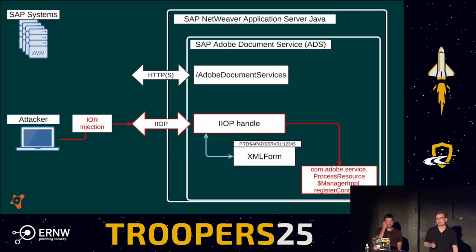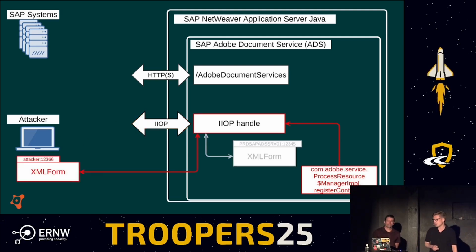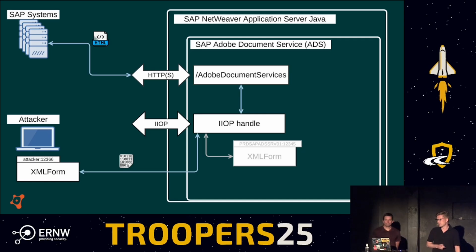So our idea was maybe we can just simply do the same on our own and provide an IOR saying that the XML form on the ORB is actually hosted on our server. In that manner, we can hijack the entire inter-process communication and get access to all of the application data entered by the users that was supposed to be used for generating the PDFs.